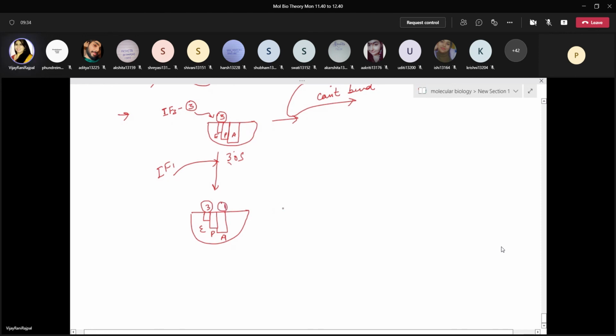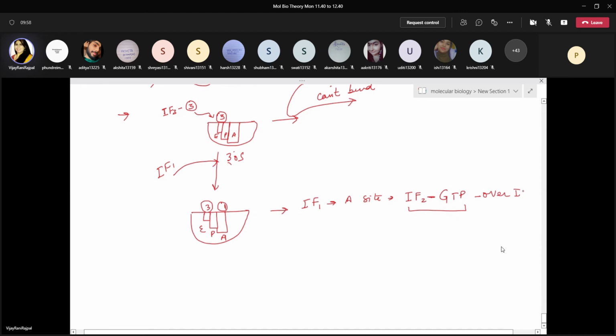Now what is the function? Once IF1 is bound to the A site, then IF2 will join over it. IF2 is always bound to a GTP molecule. So this will come and bind over IF1.